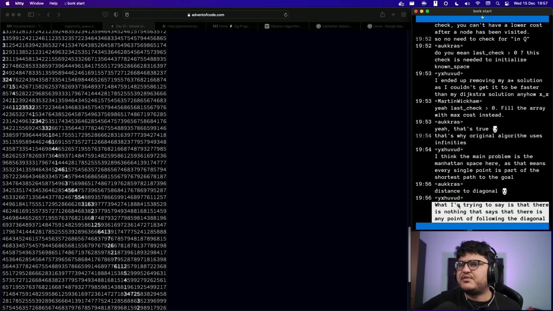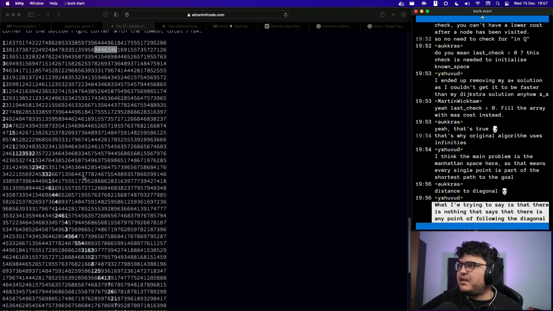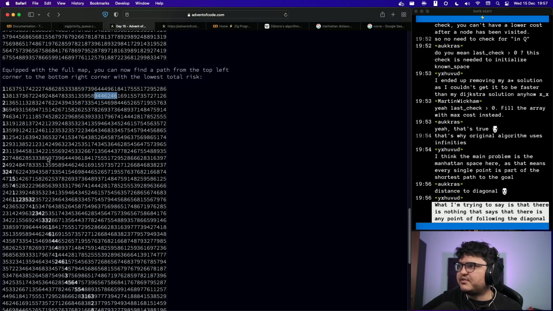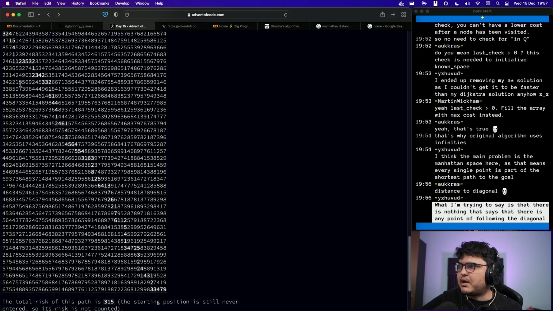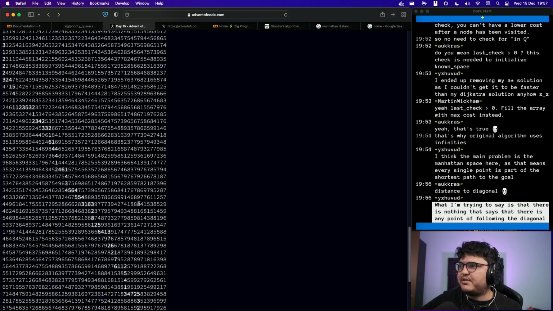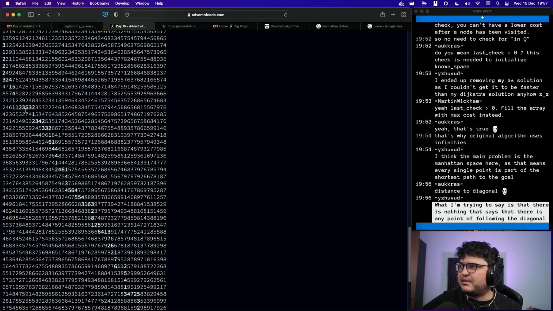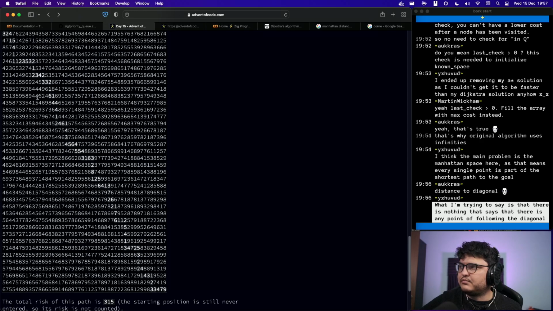What I'm trying to say is that there is nothing that says there is any point of following the diagonal. I mean, no, yes, but no. In the example, following the diagonal, or staying close to the diagonal in the beginning doesn't help much, but once you get here, it helps a lot. I haven't checked my solution and how it looks, but at least this one doesn't seem wrong.